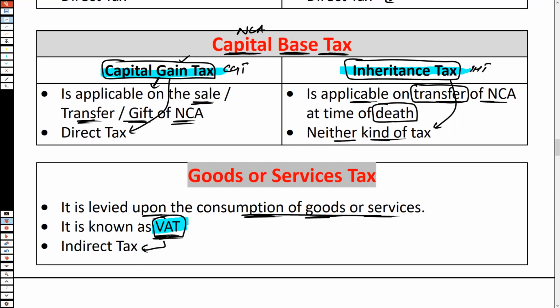So that's the only way to avoid the value added tax. Whenever you would be consuming any goods or services, you are required to pay the value added tax. In some countries, it is also termed as sales tax, also termed as GST, general sales tax. And in the UK course, it is termed as value added tax.